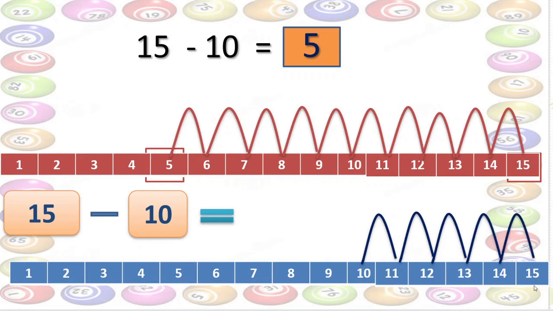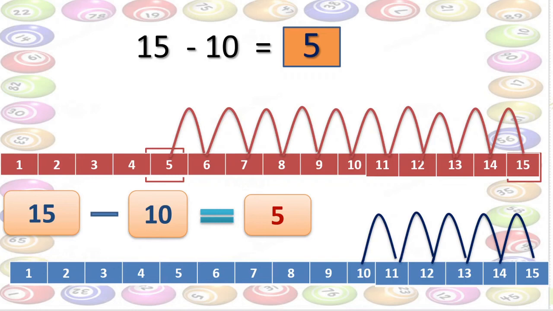Yes, we reached 15. Means 5 steps forward we counted. Correct? Got this? This is half of this work. We counted only 5 steps forward. In earlier case, we counted 10 steps backward. So, the answer is 5. By both methods, we got the same answer, that is 5.